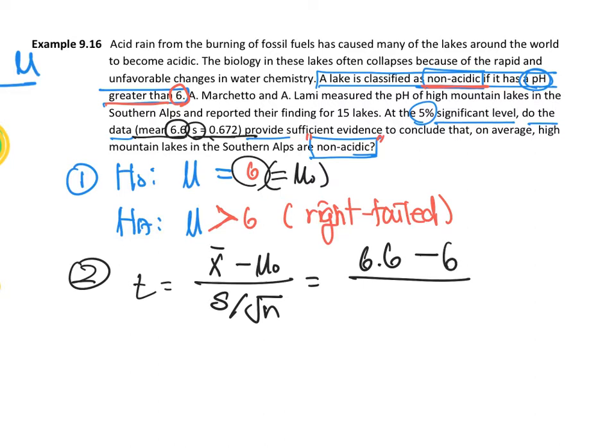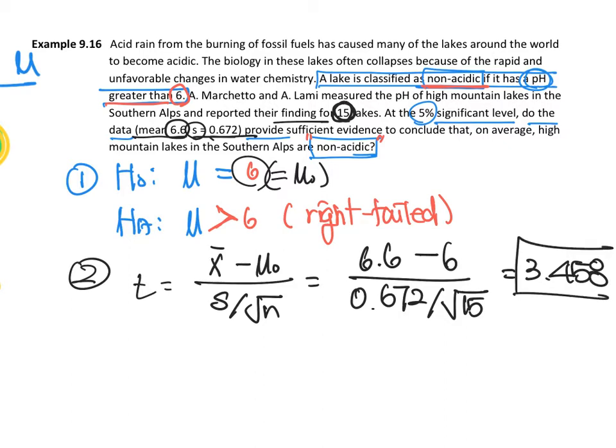And s was given, 0.672, over square root of 15, because we have 15 lakes, so the sample size is 15. Let me take the difference, 6.6 minus 6, that is a positive 0.6, over 0.672 over square root of 15. So the test statistic, I have 3.458.